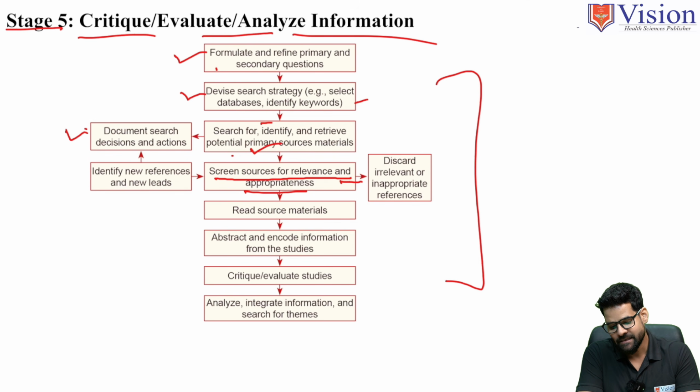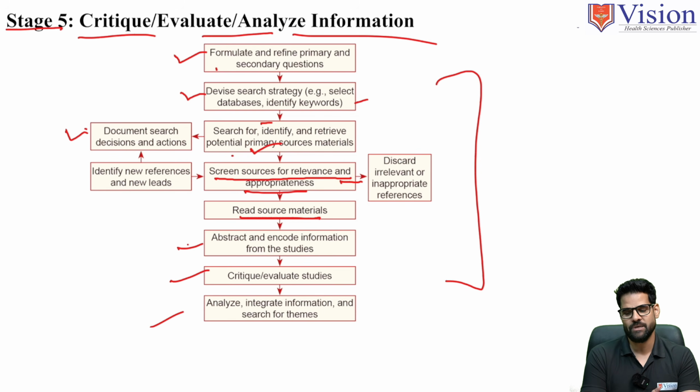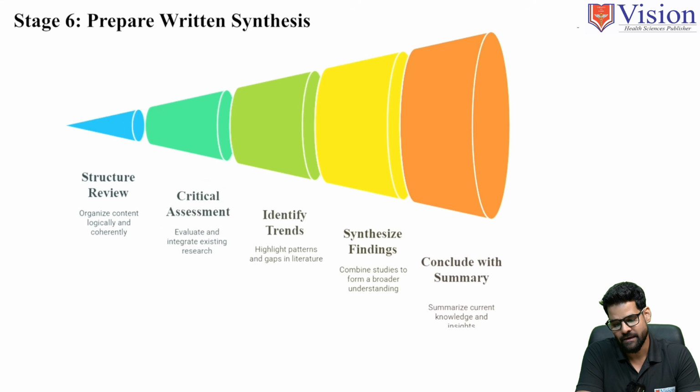Then read the source material, abstract, encode the information, critique and evaluate, analyze, integrate the information. That is the critical evaluation. This is a very, very important step actually, and we'll see how to do that. Then prepare the written synthesis.